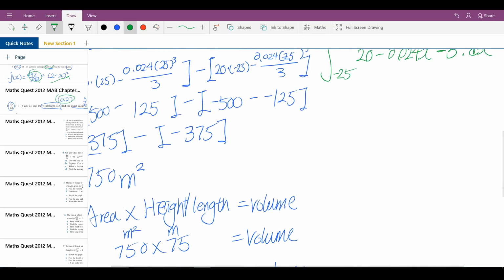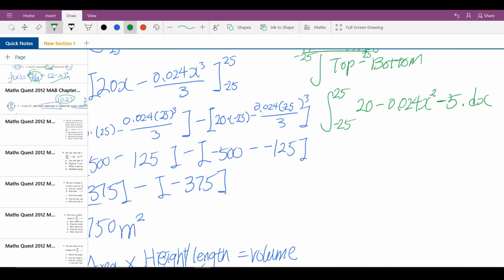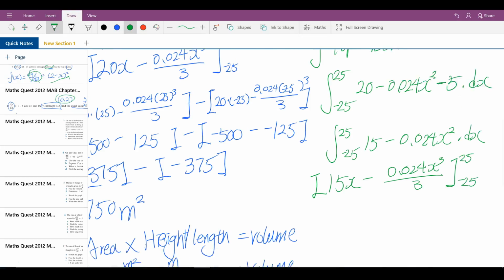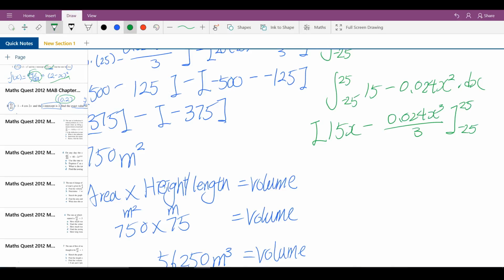All right. Now we can simplify that a bit before we integrate. So 20 minus 5 is just 15. Oops, haven't integrated yet. Now we can integrate. So that would give us 15x minus 0.024, the power increased by 1, divided by the new power. Now remember, this is a definite integral, so put our domain over there and just do the same thing as we did before.